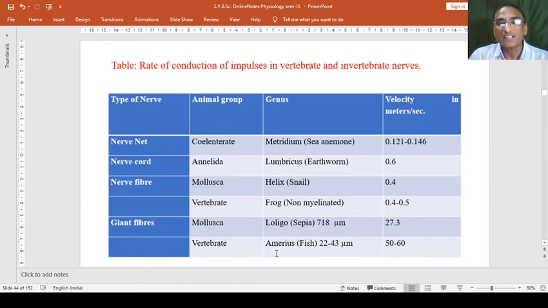In vertebrates, fish have 22 to 43 micrometer nerve fibers, and their velocity is up to 50 to 60 meters per second, and therefore fishes show great activity in their physiology.